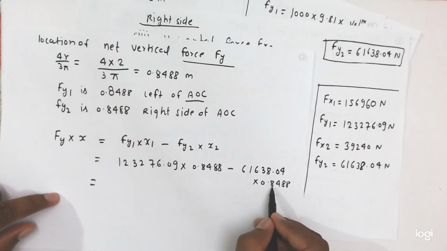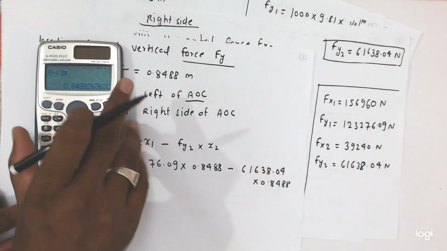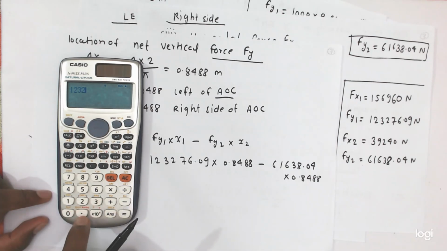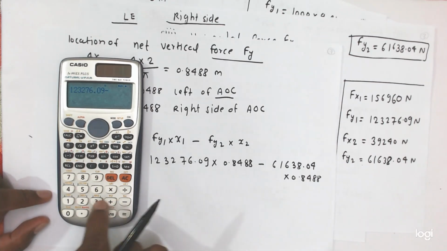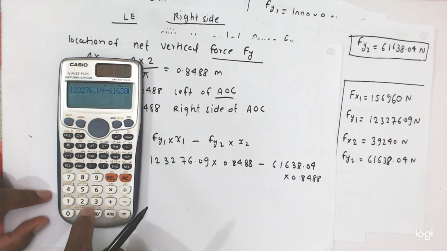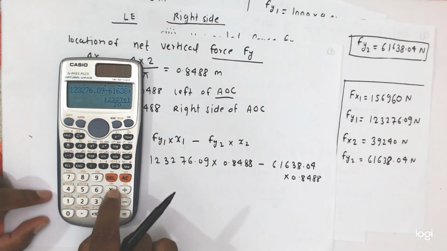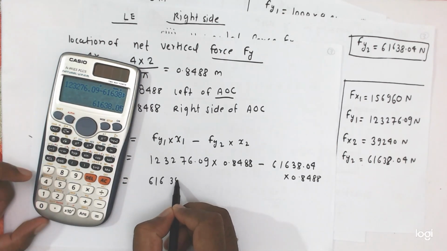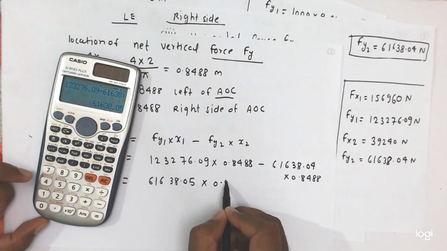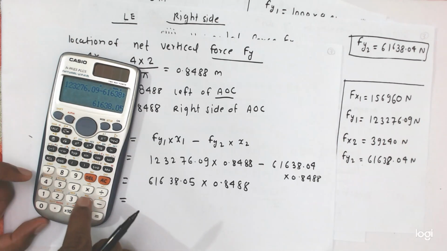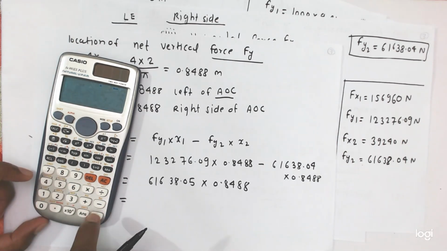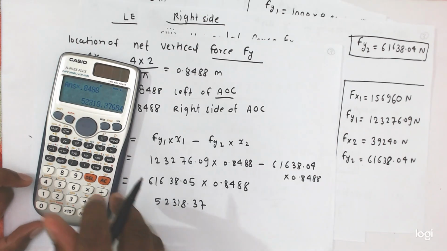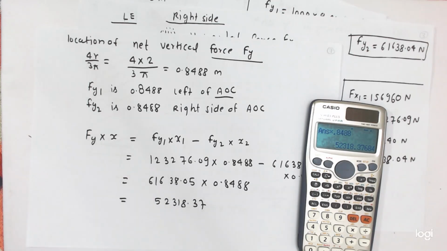From here this value is common, so we can subtract directly: 123,276.09 minus 61,638.04 equals 61,638.05 into 0.8488. So it will come around 52,318.37.